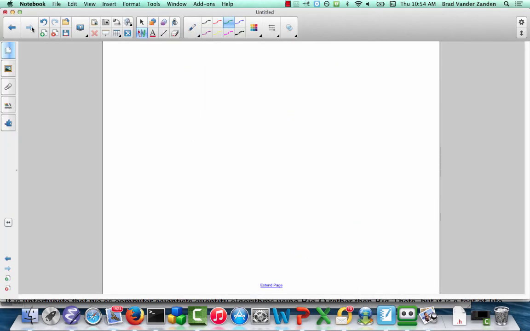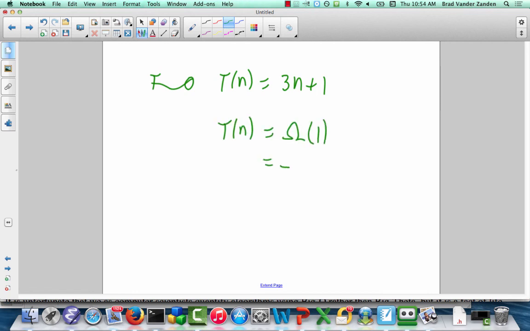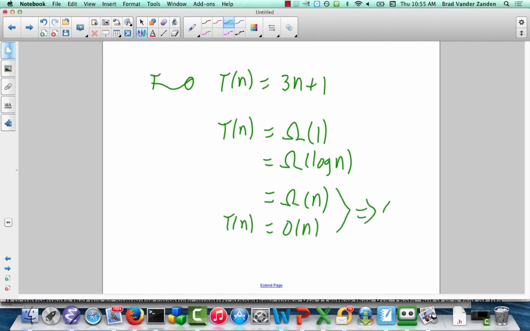For example, if I have an algorithm T of n equals 3n plus 1, T of n is omega of 1, it's omega of log n, but that's pretty useless to us. Those are too loose. Most importantly, it's also omega n, and because T of n is also big O of n, the two together imply that it's theta of n, and that's what we want. So when we say big O, we're really talking about the tightest bound that we can get.